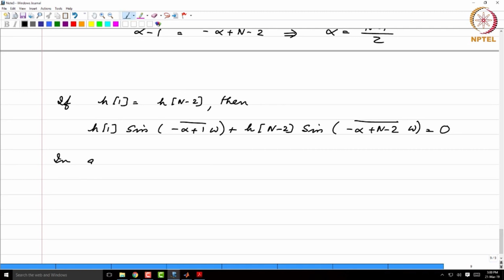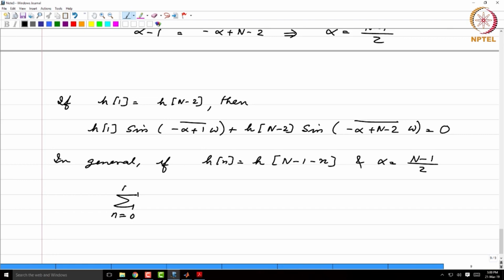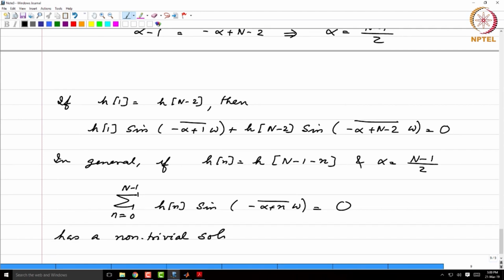Therefore, in general, if h of n equals h of n minus 1 minus little n, and alpha equal to n minus 1 by 2, then for n going from 0 to n minus 1, the sum of h of n sin of minus alpha plus n omega equal to 0 has a non-trivial solution.